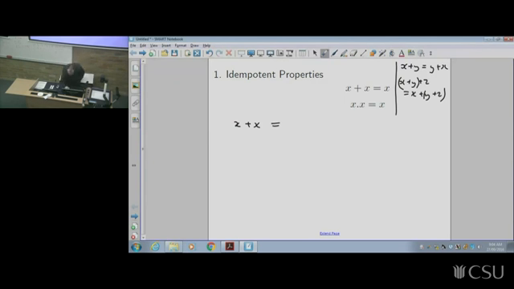Distributive: things like x plus y times z, you can distribute the sum or the multiplication over. That's the distributive property. The identity rules, things like x plus 0 equals x, x times 1 equals x, are the identity properties.